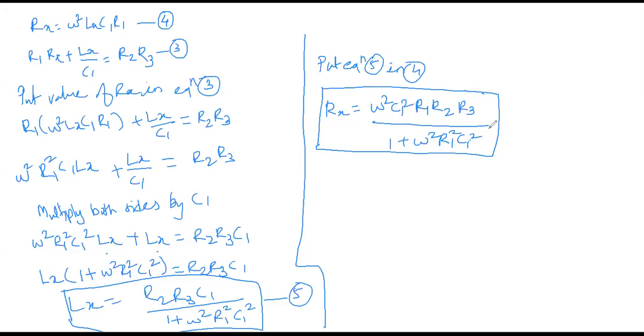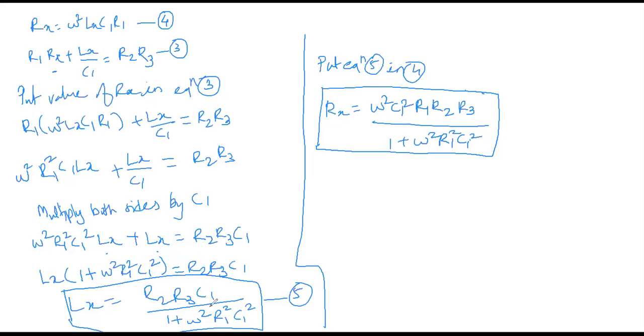Similarly, equation 3 for Lx has the term Rx, which is again unknown, so we could not find Lx from it. So we solved to get Lx in terms of known values of resistors and capacitors.